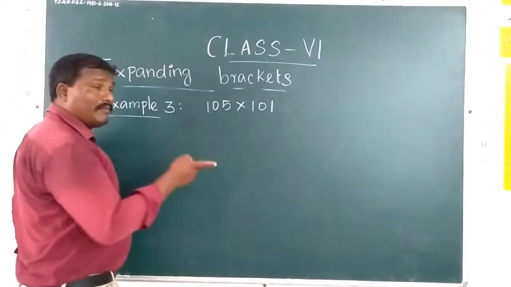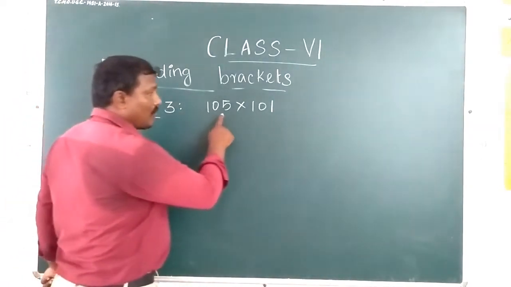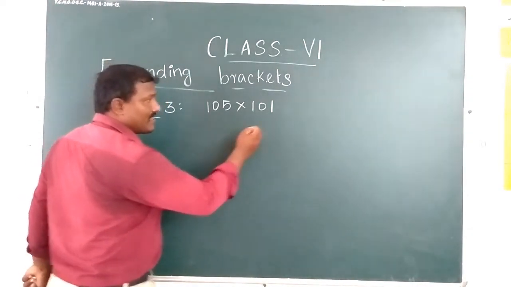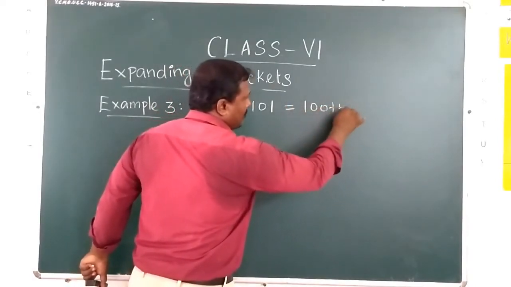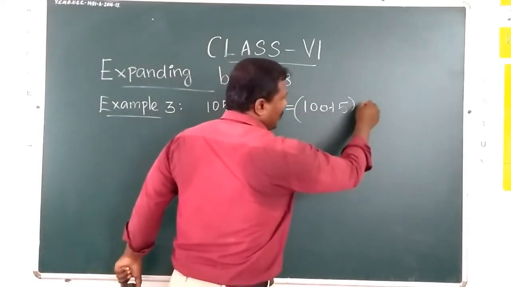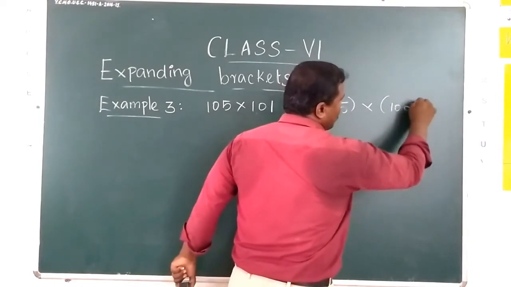So it's 105 times 101. If you expand this, 100 plus 5, that is 105, then multiplied by 100 plus 1.